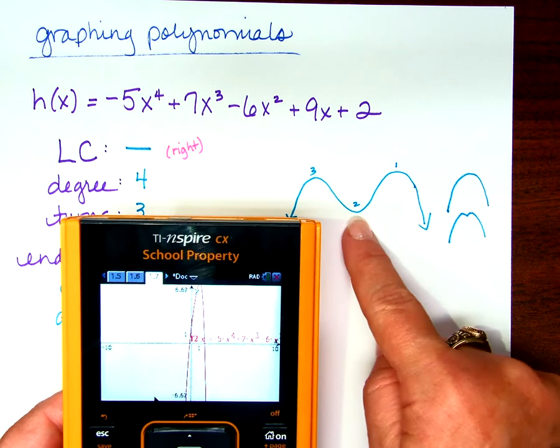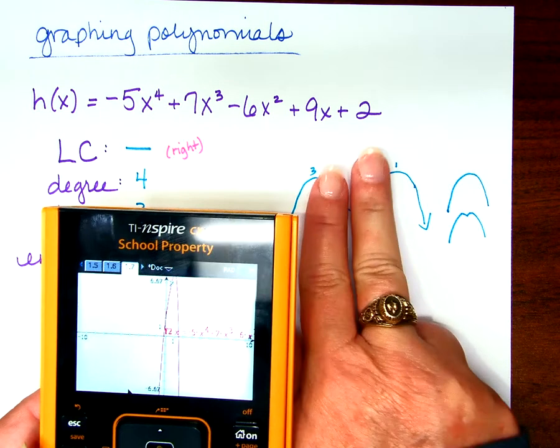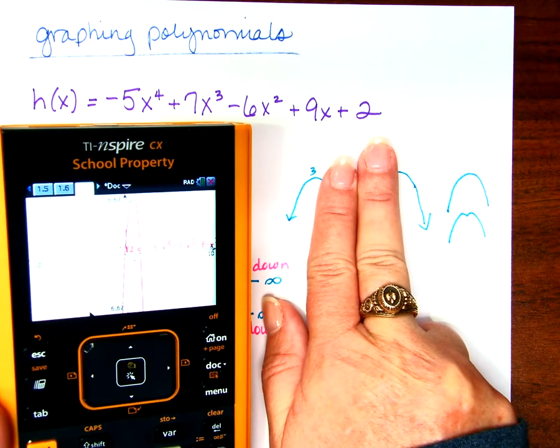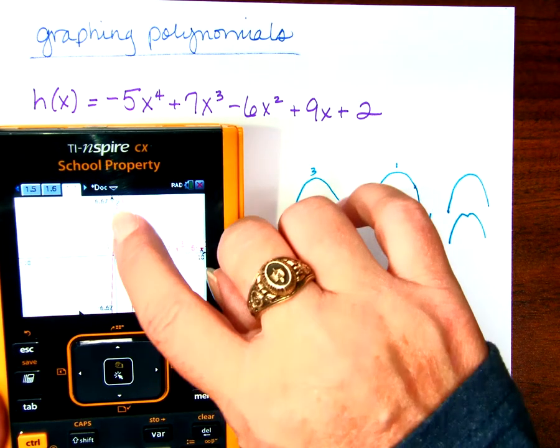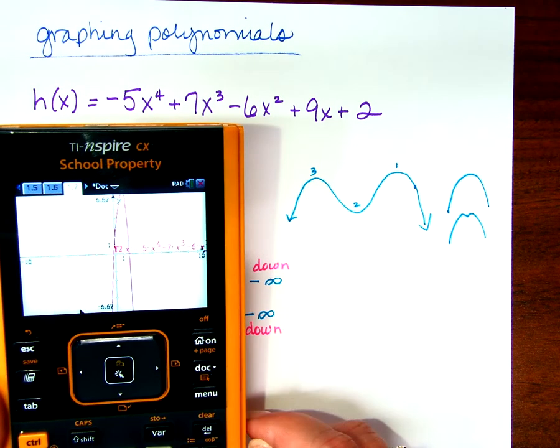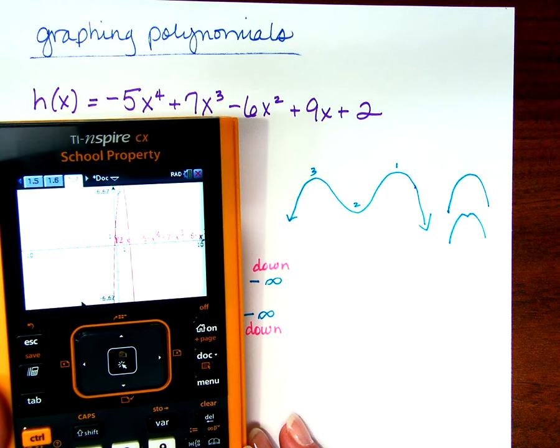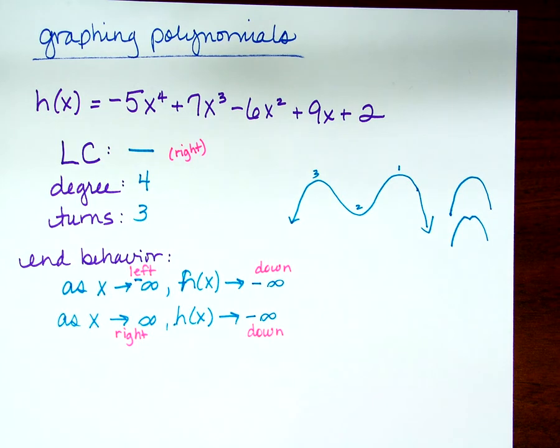Does this look like this? Does it look like that, though? If I just look at the ends, it does, right? The end behavior is what's important. Okay? Is everybody okay with that? We good? Should we try another one? Okay.